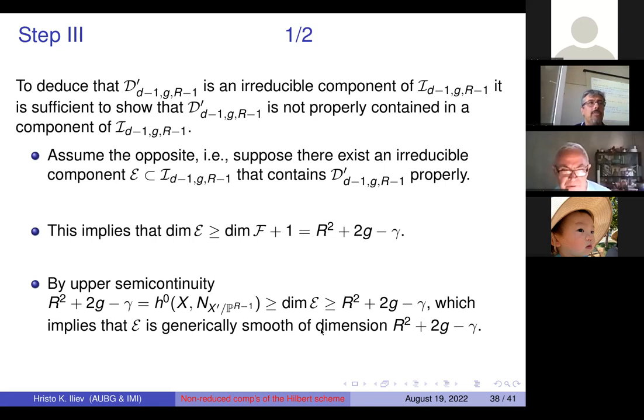However, using Hilbert semi-continuity, we get that this component E must have dimension exactly equal to r squared plus 2g minus gamma, and it must also be generically smooth. So if there is a component E that contains properly our closure d prime, it must be generically smooth and of dimension exactly r squared plus 2g minus gamma.